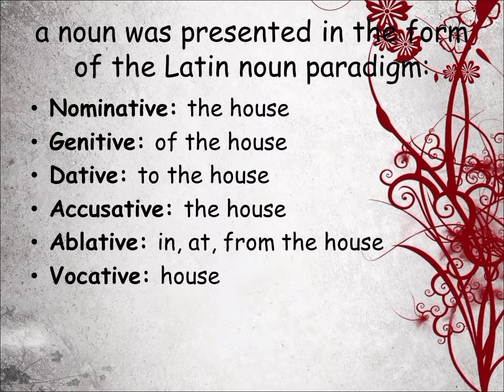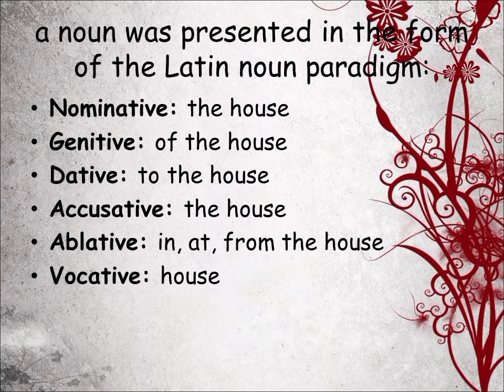We have here nominative, the case used for a noun or pronoun which is the subject of the verb. For example, the house. Next is genitive, the grammatical case that marks a word, usually a noun, as modifying another word. For example, of the house.